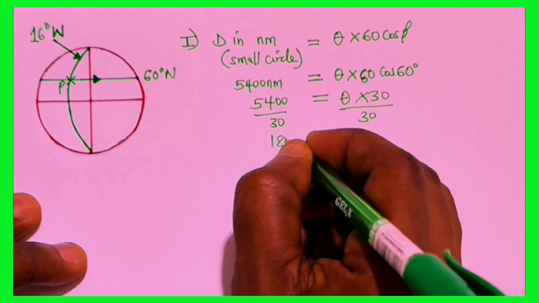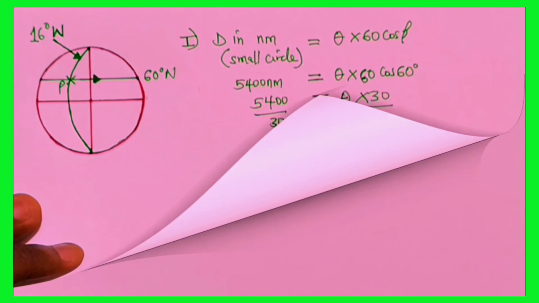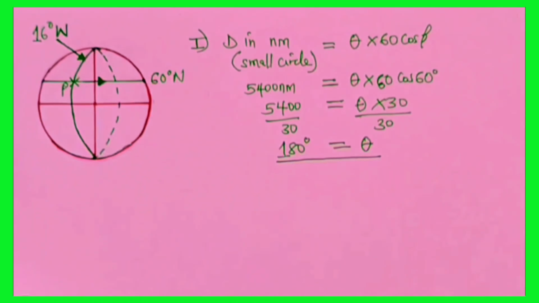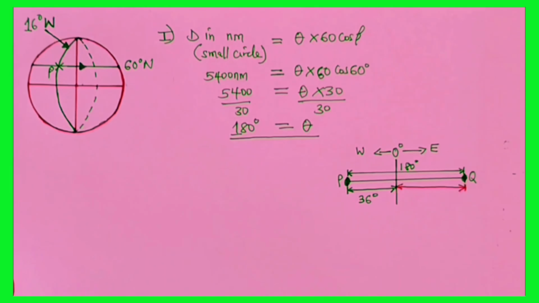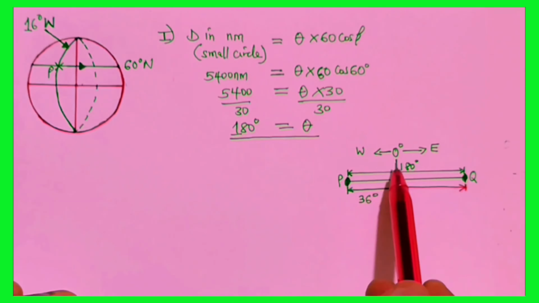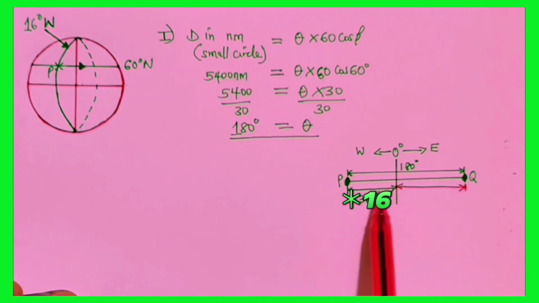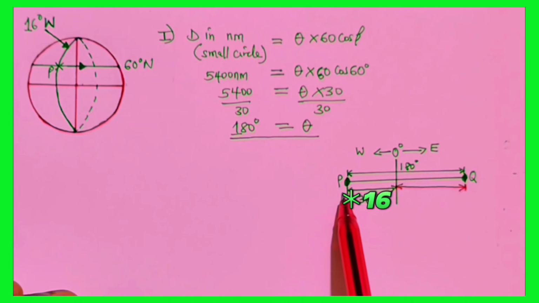The value of theta is equal to 180 degrees. And if this is the value of theta, we can say that the points P and Q are on longitudes that are directly opposite, or antipodal. So as far as locating the point Q, or the town Q, is concerned, I've considered a small sketch here. P is on the western side of Greenwich, and you can see that 36 degrees are taken care of in this direction.